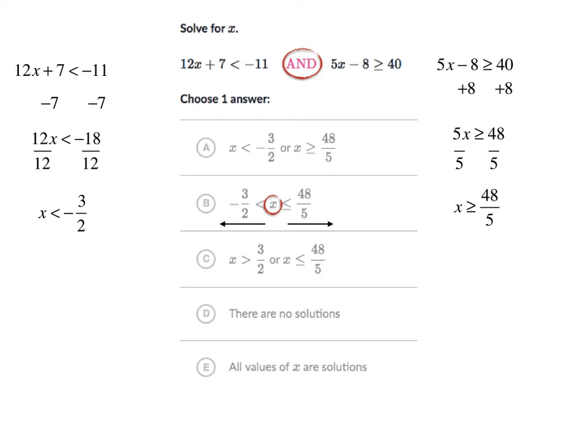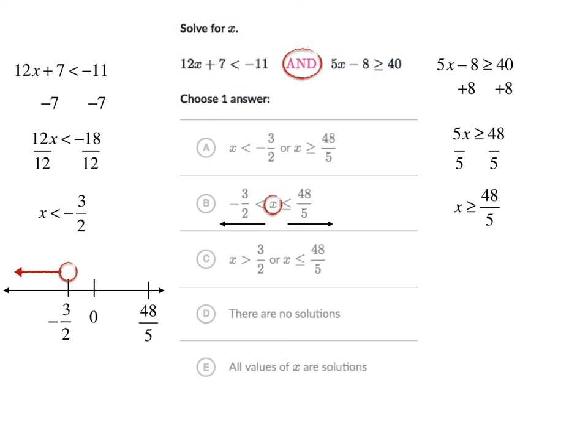Let's look at it on a number line. One of these endpoints is going to be negative, and that's the -3/2. I'd have an open circle at -3/2 and everything to the left, because it's less than. The other endpoint, of course, 0 would be in between a negative and a positive, but then I have a positive endpoint at 48/5.